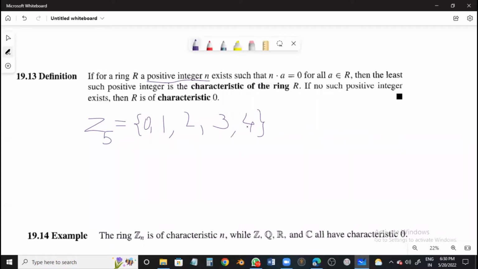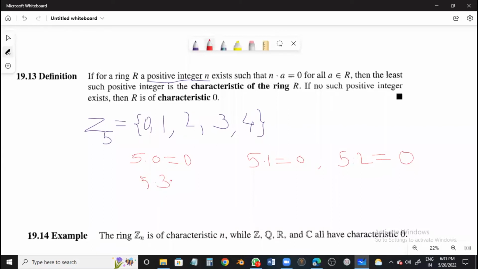Then from where should I start? I should multiply by the next number, immediately next number, that is 5. So 5 zeros are 0. 5 ones are how much? 0. 5 twos are 0. 5 threes are 0.